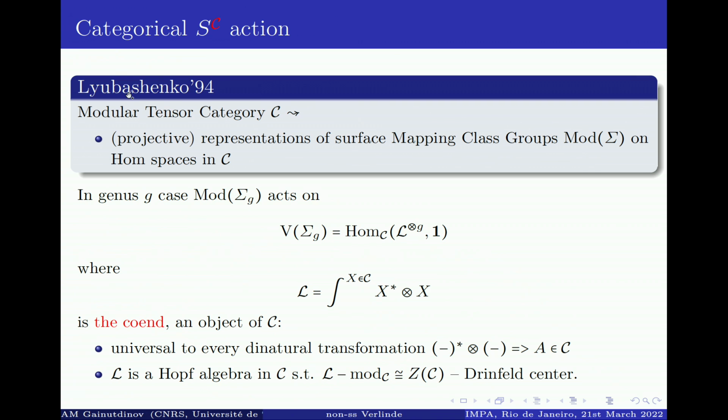So you take a certain special object, I call it L, a coend of a certain functor which sends a pair (X, Y) to X* ⊗ Y. And you calculate the space of basically coinvariants, right, of the g-th tensor power of this object L. So this object L is a central object in all this construction.